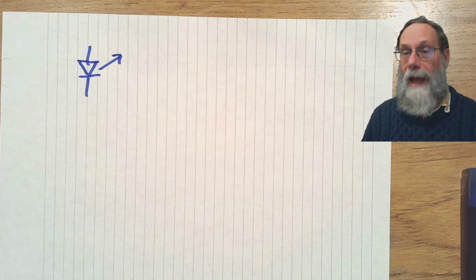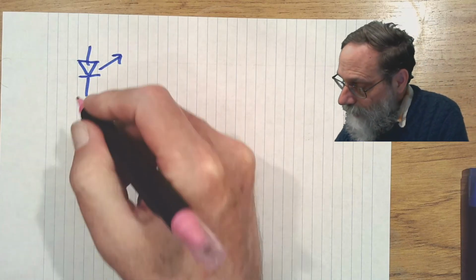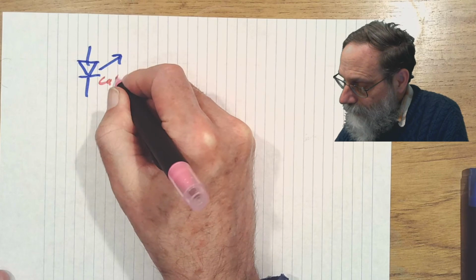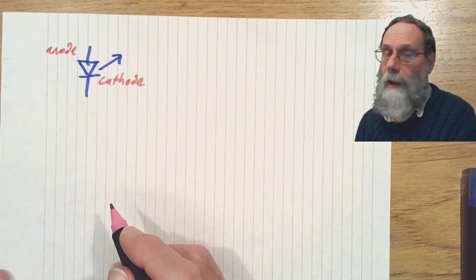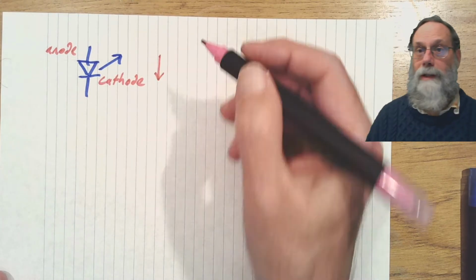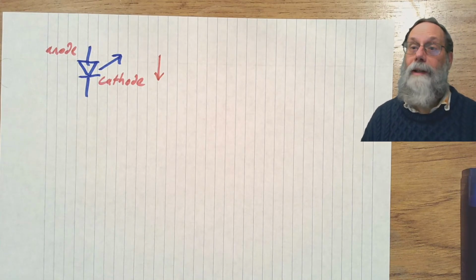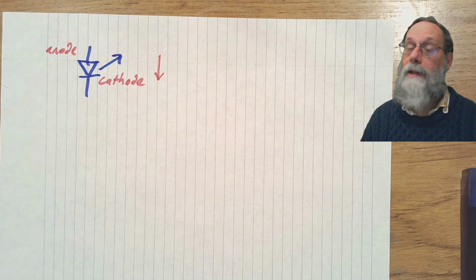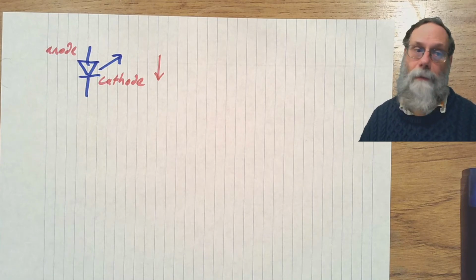When we talk about a cathode, it's where the electrons come out of the wire. So this side is the cathode, and this other side is the anode. And the current flow that we want to get the LED to light up is from the anode to the cathode. So the cathode is the negative end of the diode.